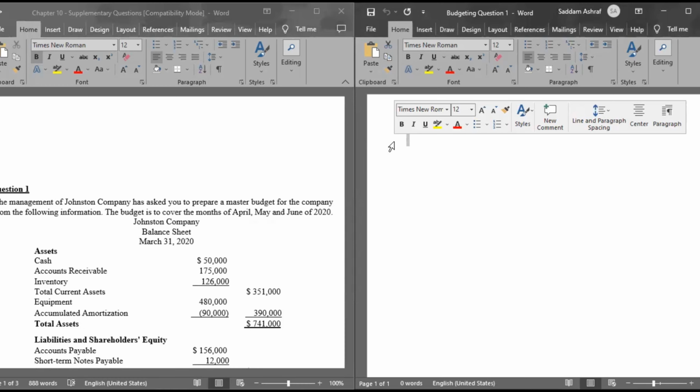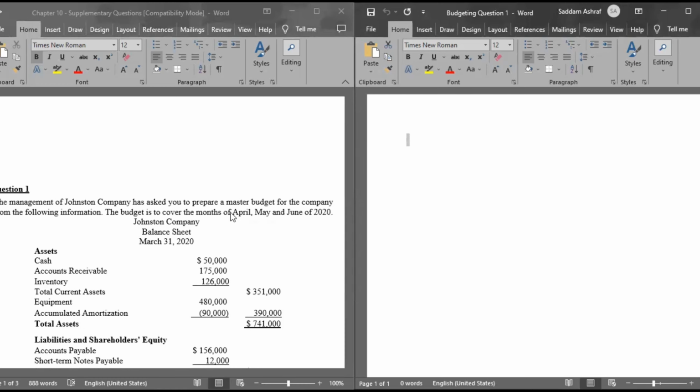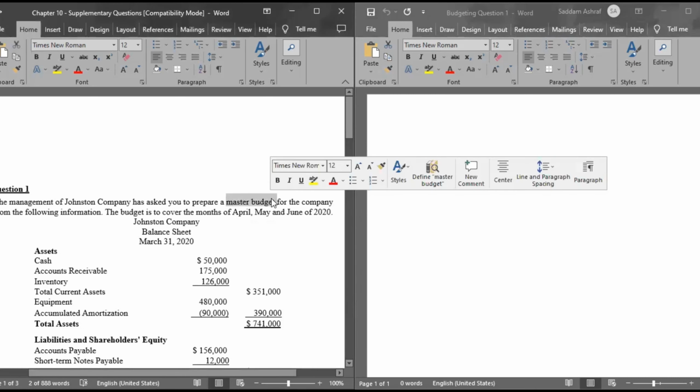If you are asked in the examination what a master budget is, you can explain that it is the combination of operational and financial budgets. Operational budgets include the sales revenue budget, the production budget, the variable overheads budget, the fixed overhead budget, the cost of goods sold budget, and the admin operating expenses budget, and financial budgets include cash budgets and the budgeted balance sheet.